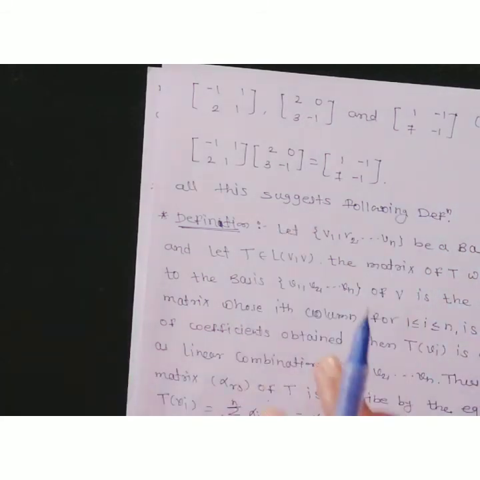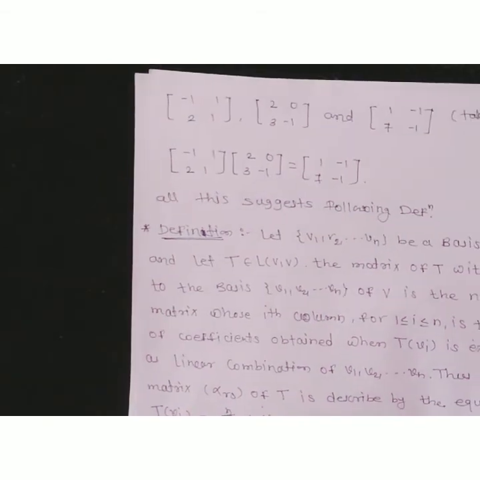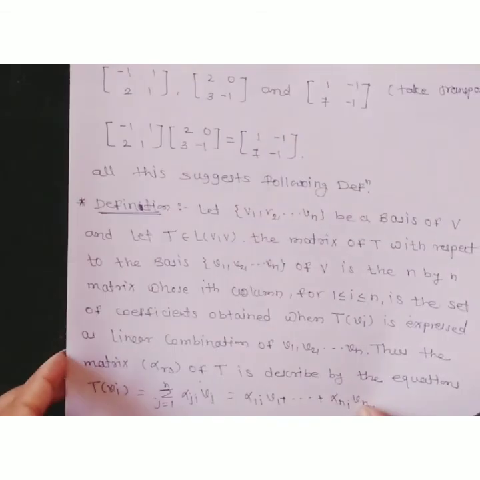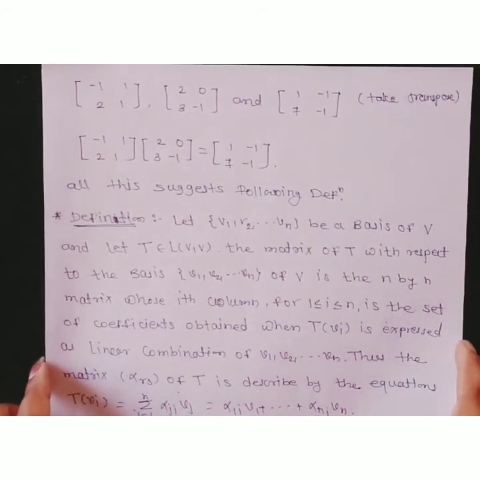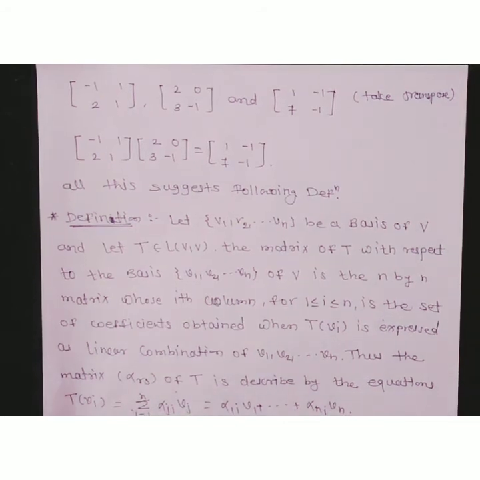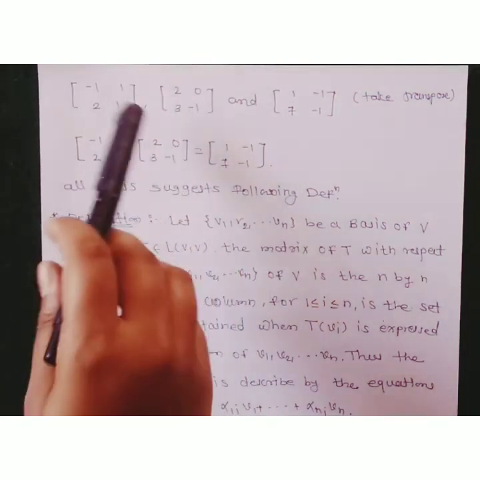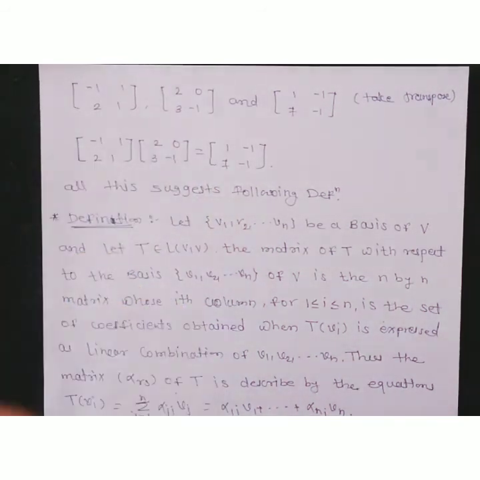So if we have any two transformations S and T, and we have to find the matrix corresponding to the product ST, we find the matrix corresponding to S and the matrix corresponding to T, take the transpose of these matrices, and then multiply these two matrices.